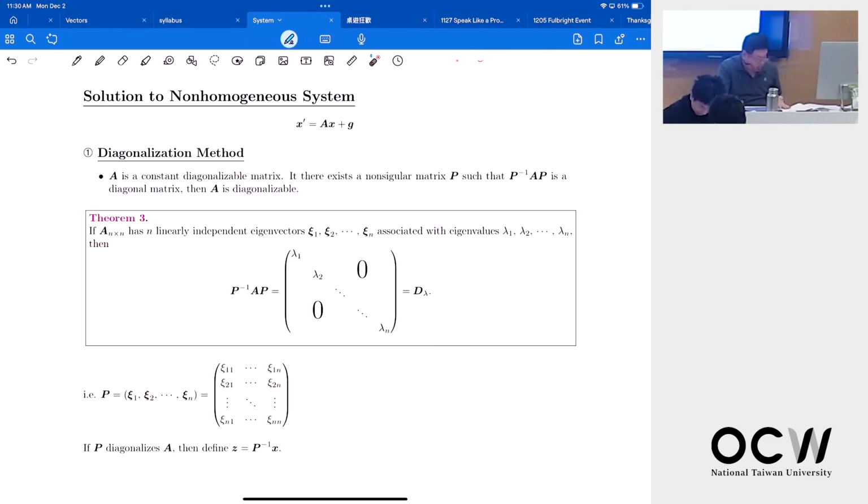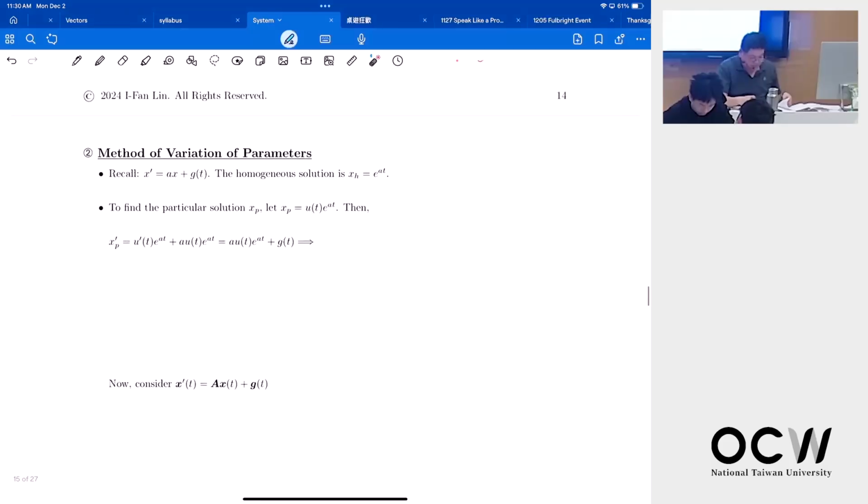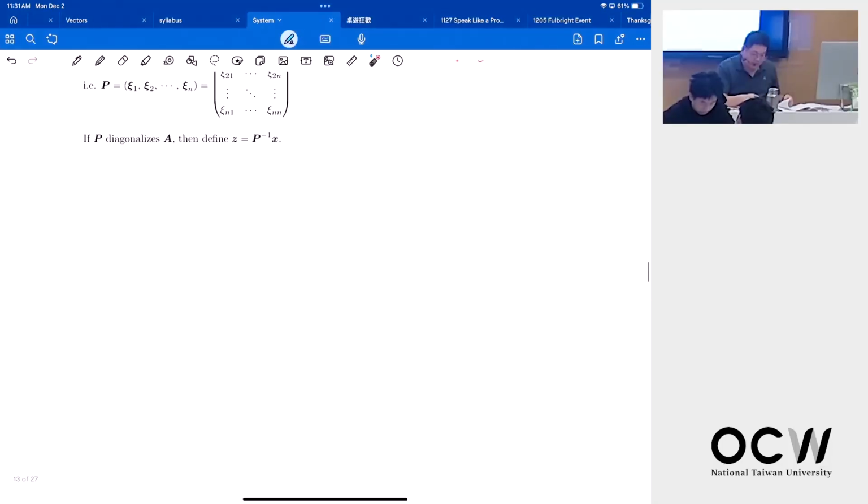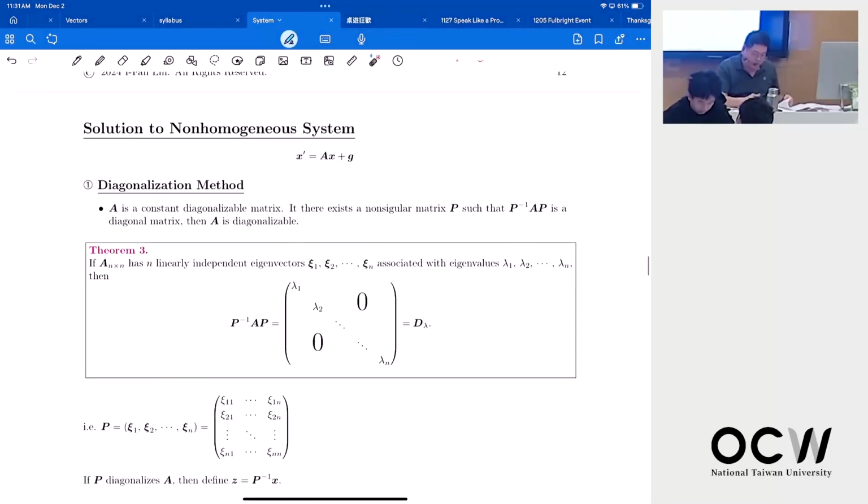The first one is called the diagonalization method, and the second one is called the method of variation of parameters. Okay, this term should be familiar, right? We learned this in the first topic. But before that, let's talk about how we use the diagonalization method to find a non-homogeneous solution.